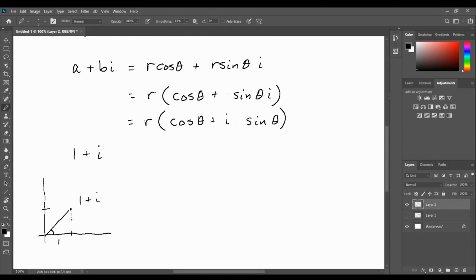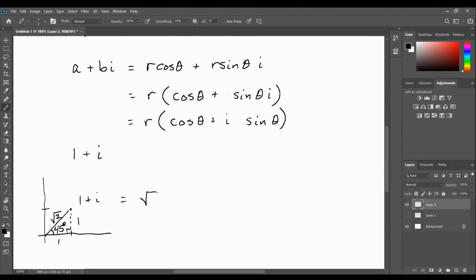Such that this is 1, this is 1. This ought to look kind of familiar. We did the Pythagorean theorem. That's root 2. So 1, 1, root 2. That's a 45-degree angle. All right, so that helps us out an awful lot here.